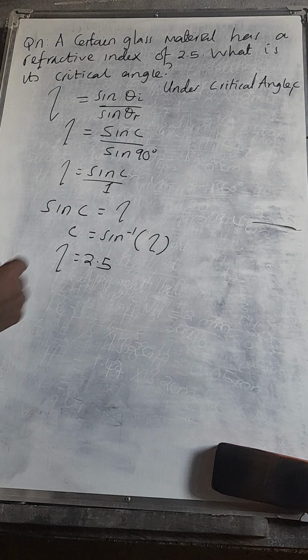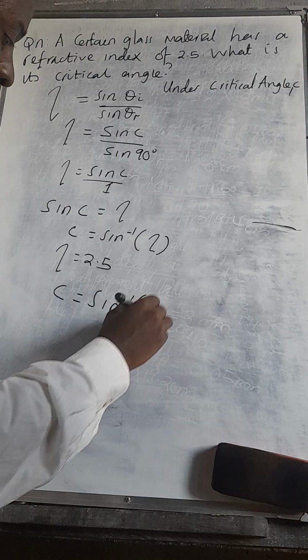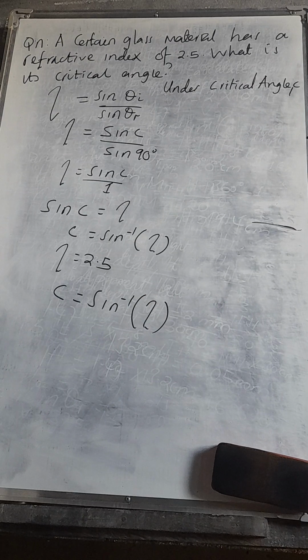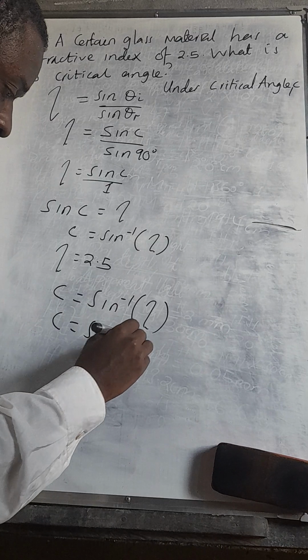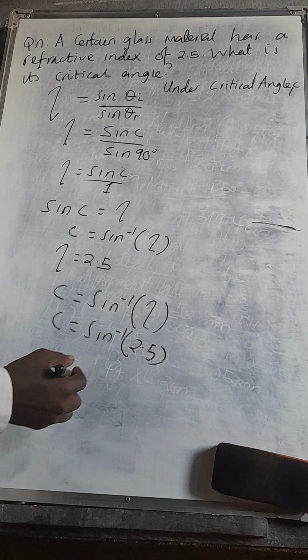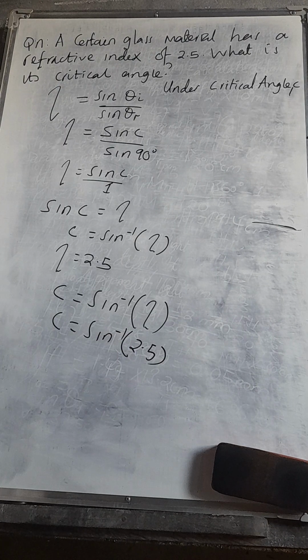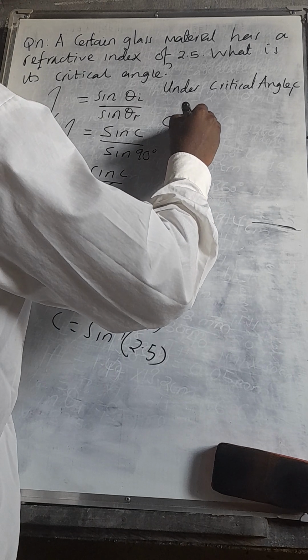Critical angle is equal to sine inverse of refractive index, ambayo inakuwa denoted by eta. So critical angle is equal to sine inverse of 2.5.